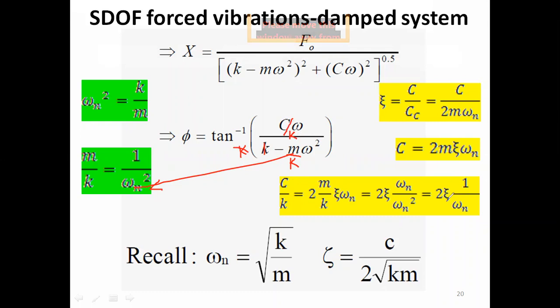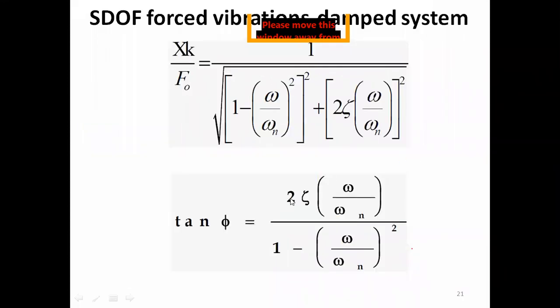C by k is 2 zeta 1 over omega n. So after replacing for c by k in the numerator and m by k in the denominator, the phase would be 2 zeta omega by omega n over 1 minus omega by omega n whole square.